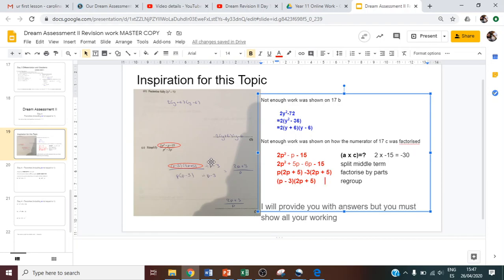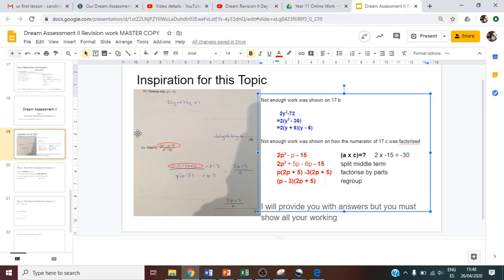They can also look at this fraction and see that there's a common factor, a bracket that's the same on the top as on the bottom, p minus 3. So I can divide both top and bottom by p minus 3, which will leave me with just the 2p plus 5 on the top, and getting rid of the p minus 3 on the bottom. P minus 3 divided by p minus 3, that would cancel out and make just p on the bottom. So our answer is 2p plus 5 over p.